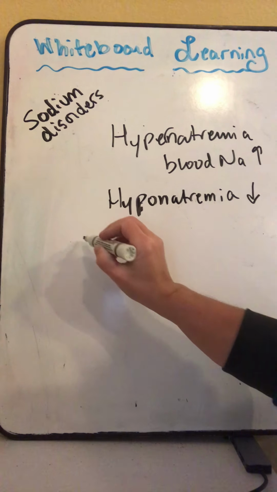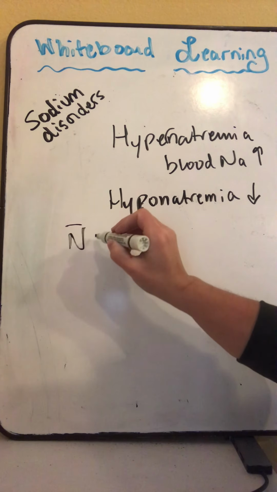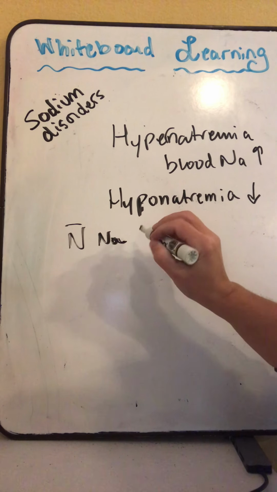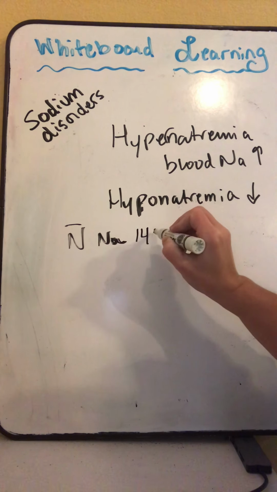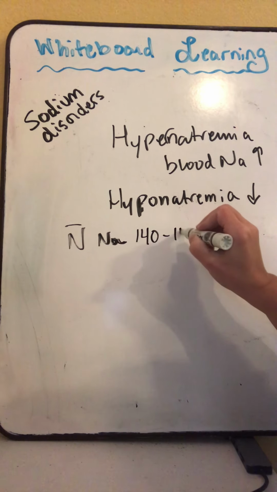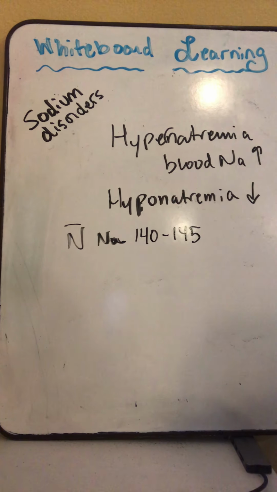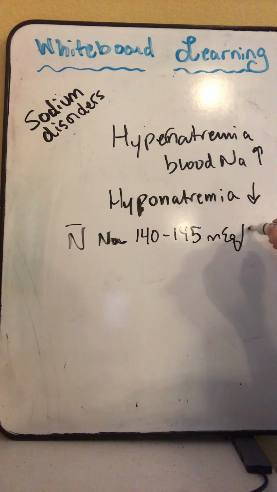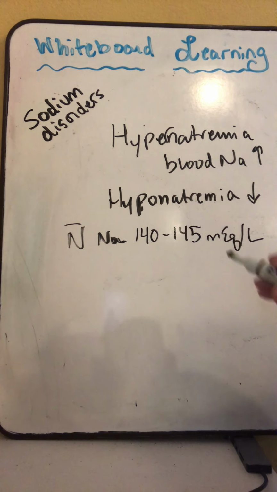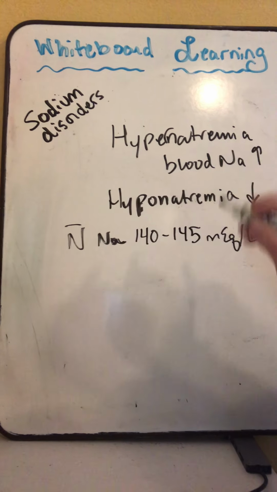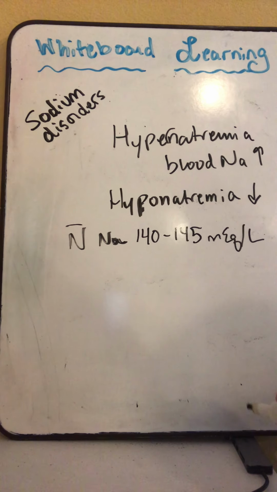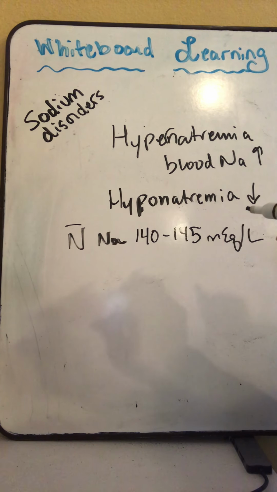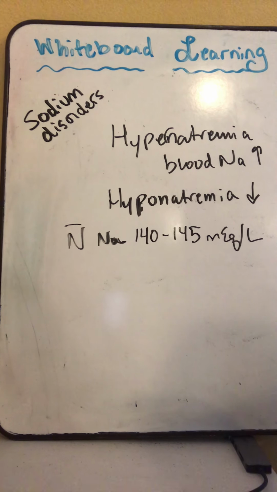Let's remind ourselves of what is normal. Normal sodium is about 140 to 145, depending on the scale and depending on the species. So that's milliequivalents per liter. Now, what happens in hypernatremia? Well, if it happens very suddenly, that's actually more of a problem with both of them than if it happens slowly.